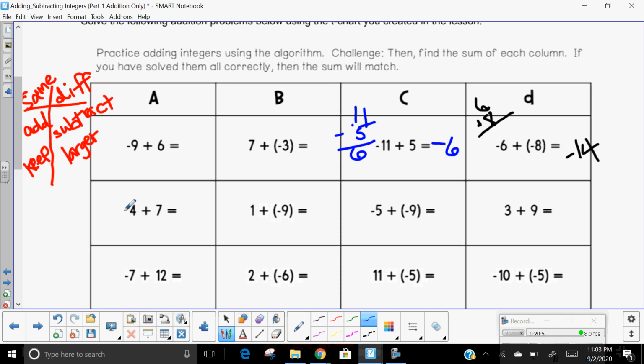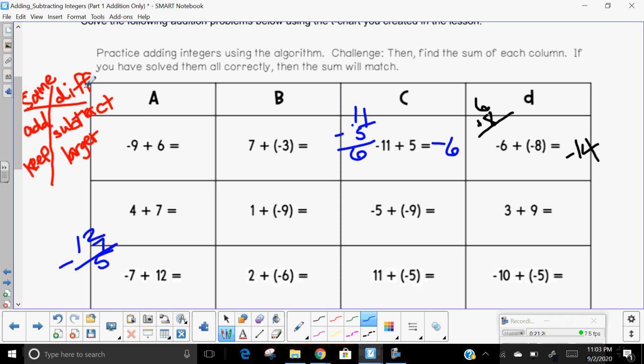So that means they have different signs. So I'm going to follow this column. Now I'm going to subtract the two numbers. We're going to say 12 minus 7 equals 5.